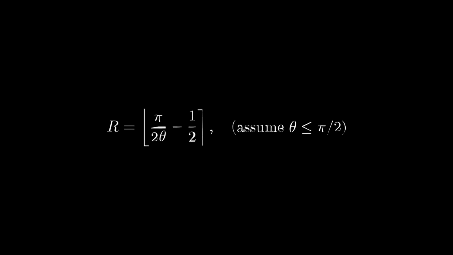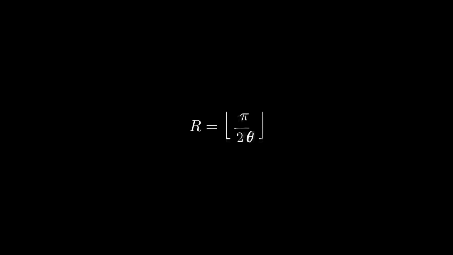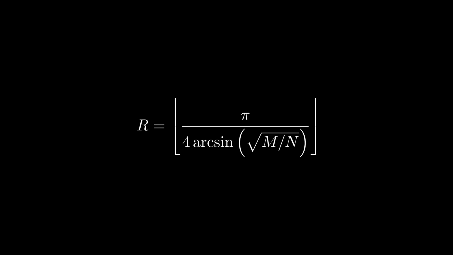Rewriting this rounding expression in terms of the floor function, and using the fact that sine of theta over 2 is the square root of m over n, we have the following expression for the number of Grover iterations. You might be worried about the fact that we are rounding here, since this does mean that when we finally measure the state at the end, there is a non-zero probability of measuring an unmarked element.